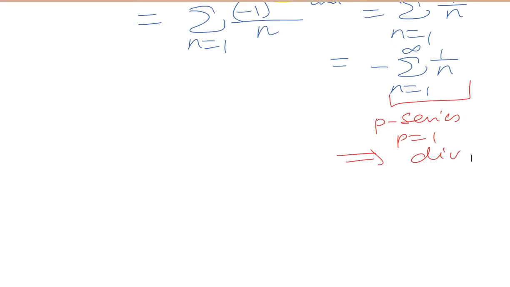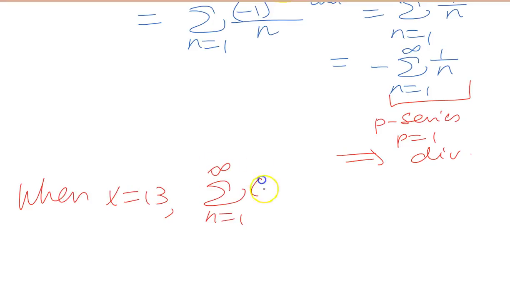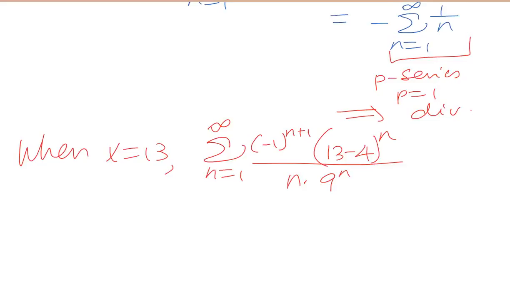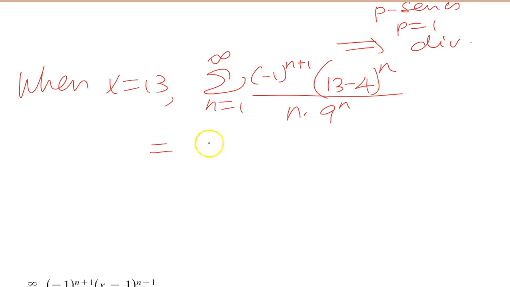Let's check the right-hand endpoint, okay? When x is 13. Once again, guys, go to the series, negative 1 to the n plus 1. Now you have x minus 4, so you got 13 minus 4 to the power n over n times 9 to the n. Replace x by 13.